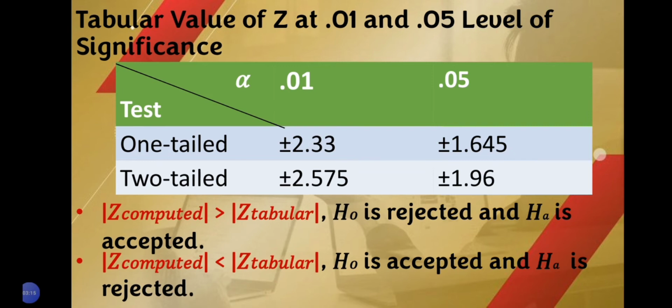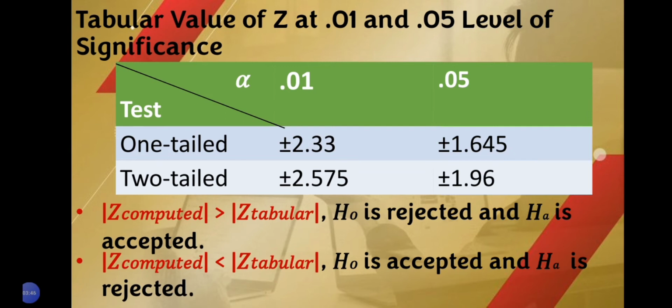So, paano natin malalaman to accept null hypothesis and reject alternative hypothesis and vice versa? Ganito. If the absolute value of Z computed is greater than the absolute value of Z tabular, we will be accepting the alternative hypothesis and reject the null hypothesis.